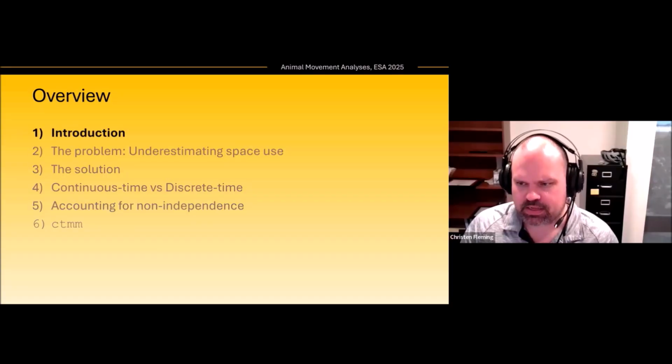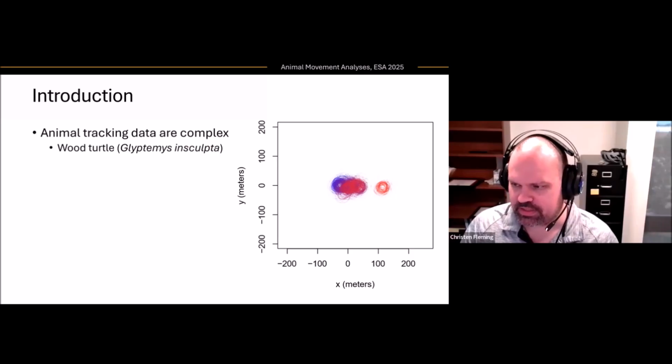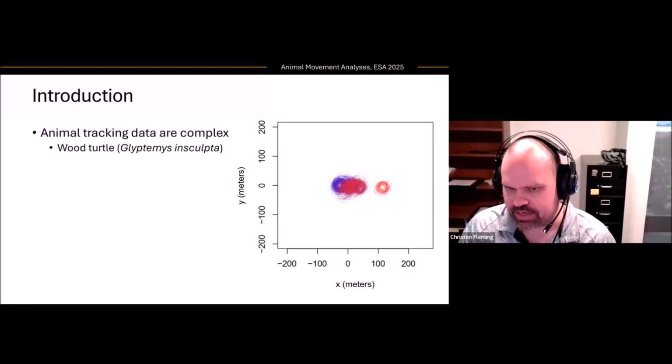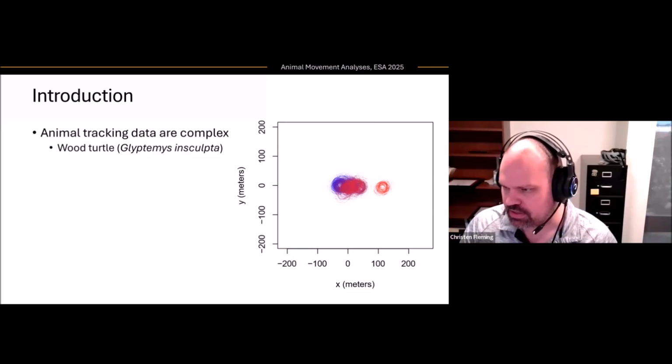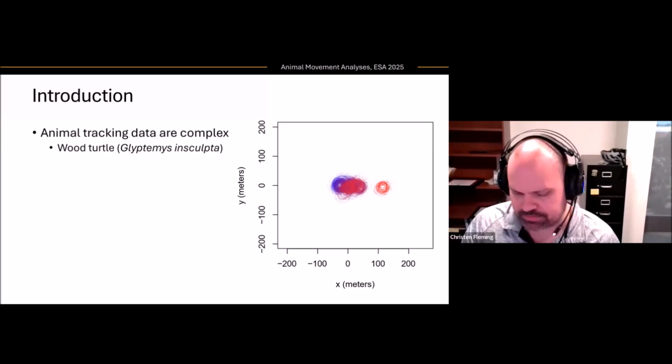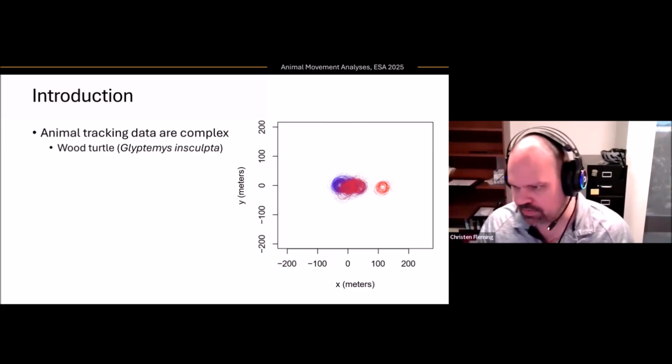Okay, so let me introduce what these data can look like. This is tracking data on a wood turtle in the Shenandoah Valley in Virginia. And these circles are error circles that can be fairly large. So you expect 95% of the time the circle encapsulates the true location of the wood turtle.